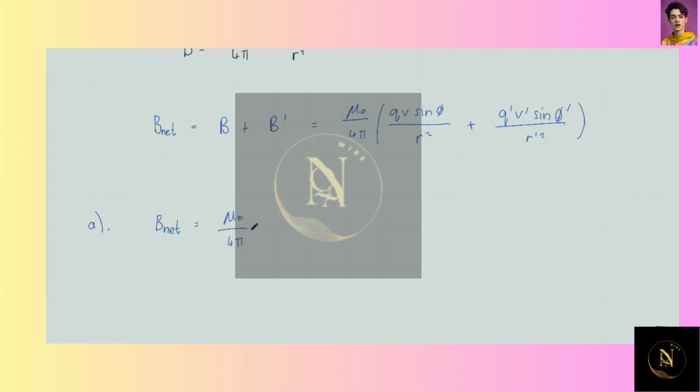We know mu naught is a constant, 4 pi times 10 to the minus 7 in SI units, into 8 microcoulombs times the speed, which is given as 9 times 10 to the 4 meters per second, times sine of the angle 90 degrees, divided by r squared, which is 0.3 meters squared.